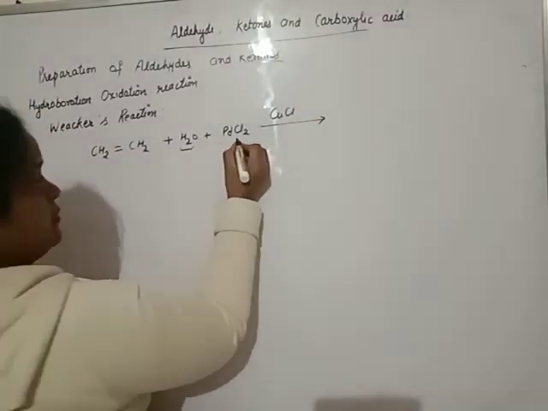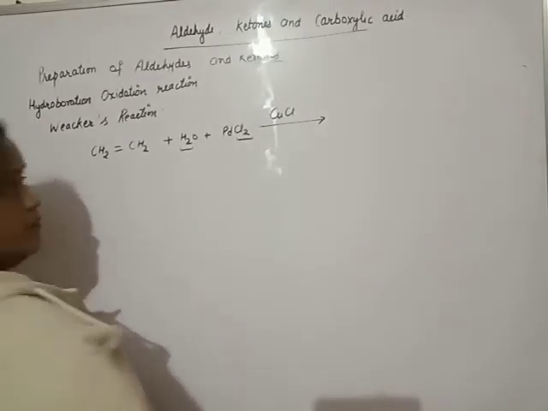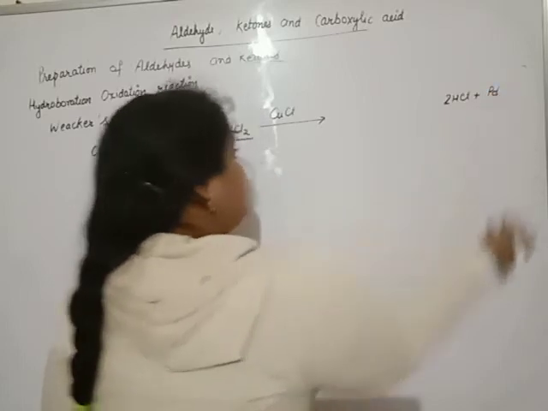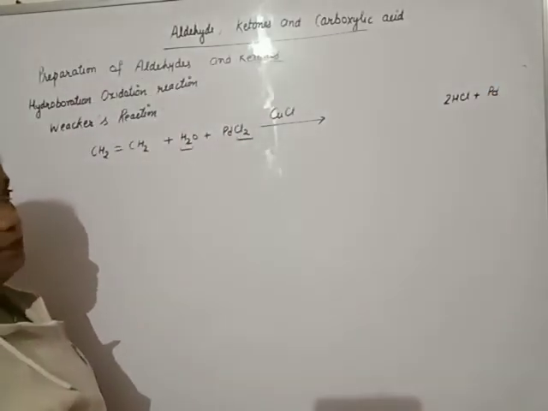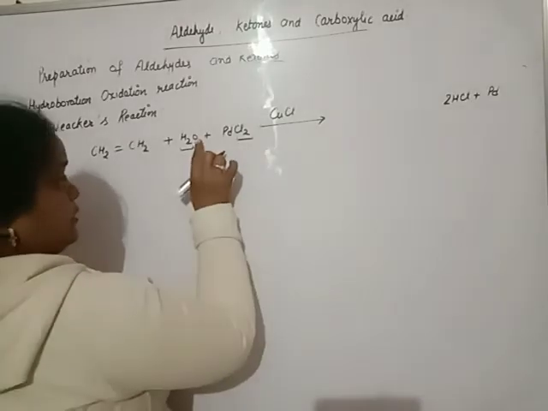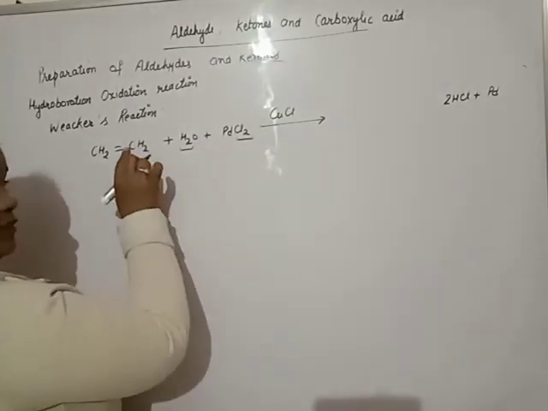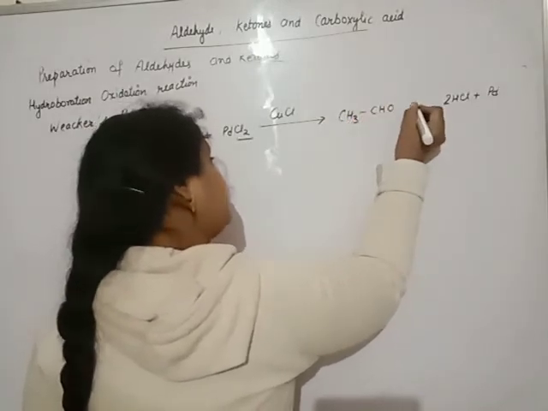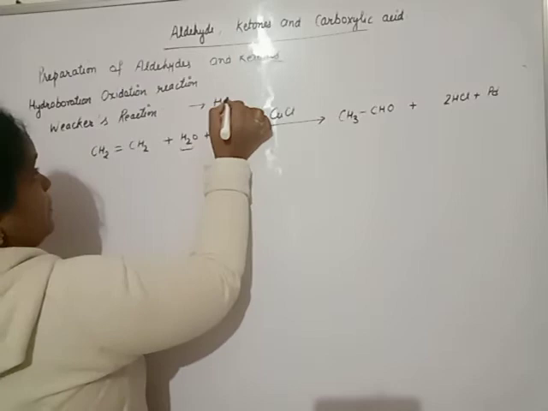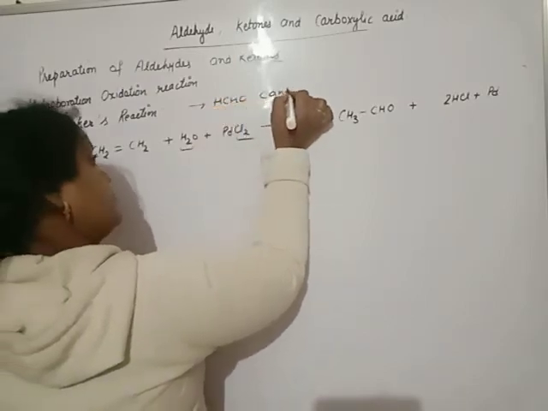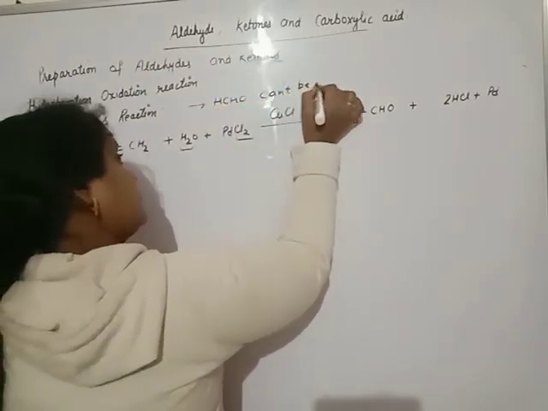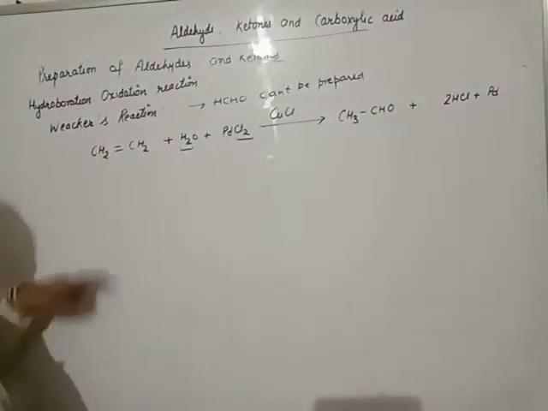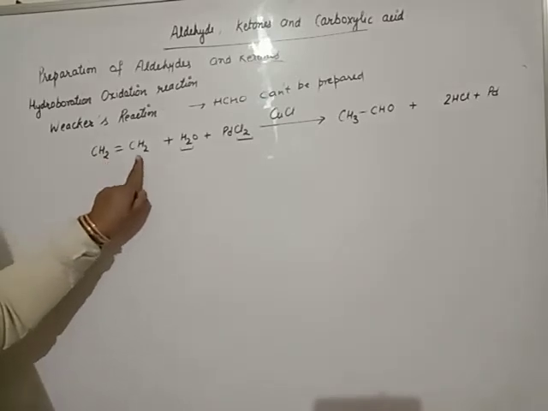These 2 hydrogens are replaced by chlorine, 2HCl. Palladium loses the electron, gains the electron to become pure metal, and this oxygen will combine with one of the carbons, and by shifting it will give aldehyde. Methanal can't be prepared by this process, because we must use an alkene that consists of at least 2 carbons.